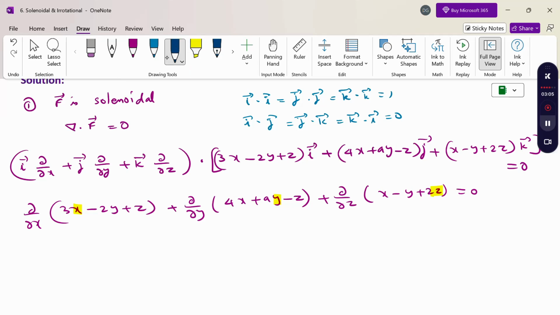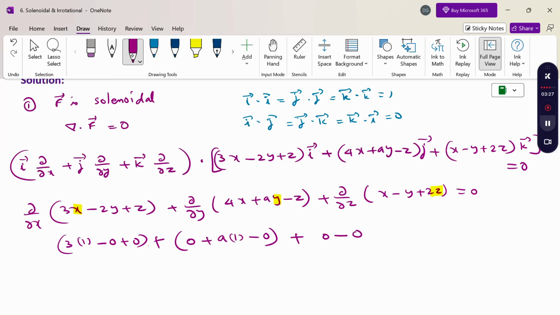When I differentiate, 3 into 1 minus 0 plus 0, plus here 4x differentiation constant 0, plus ay differentiation a, minus 0, plus x differentiation 0, y differentiation 0, and 2z differentiation 2, equal to 0.